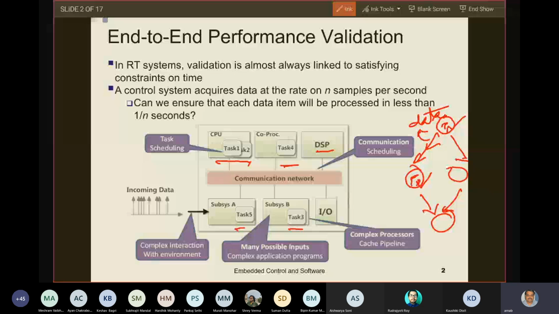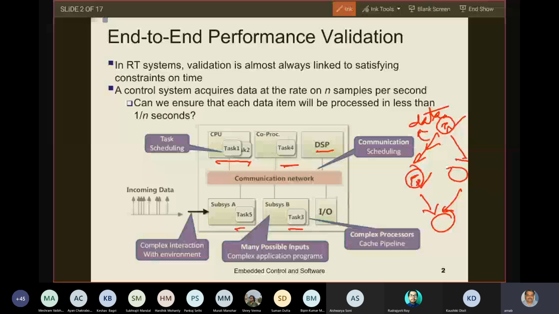And because this bus is shared among multiple tasks, this bus has to be scheduled properly. That means the communication has to be scheduled, so that one data communication does not conflict with another data communication on the bus.